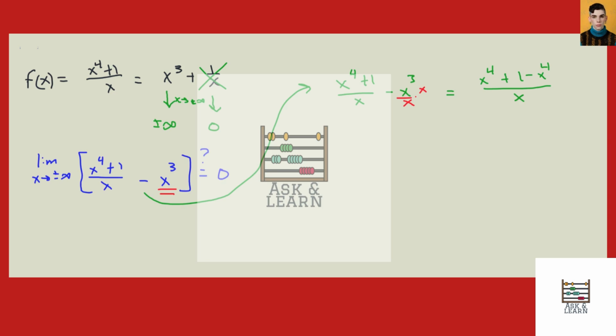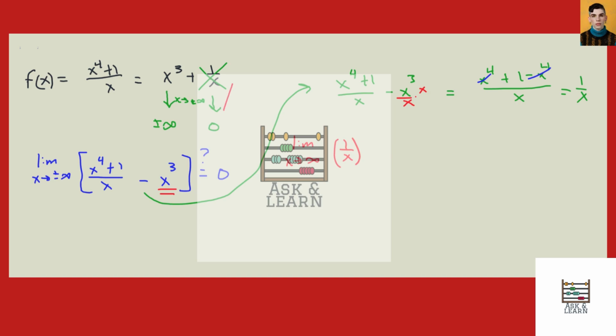And now those x to the fourth cancel out, and we'd just be left with 1 over x. So all we need to do is show that now the limit as x approaches infinity of 1 over x is equal to 0.